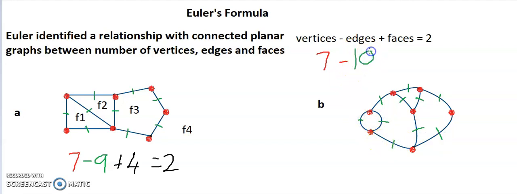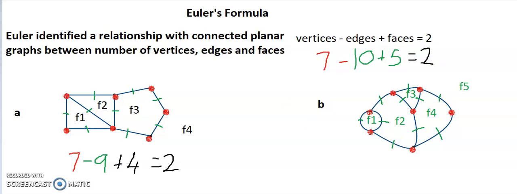So I'm taking away 10. Likewise, if we look at the faces, I've got face 1, face 2, face 3, face 4, and face 5. So I'm adding 5. So if I go 7 minus 10 is negative 3. Negative 3 plus 5 equals 2. So the relationship is there.